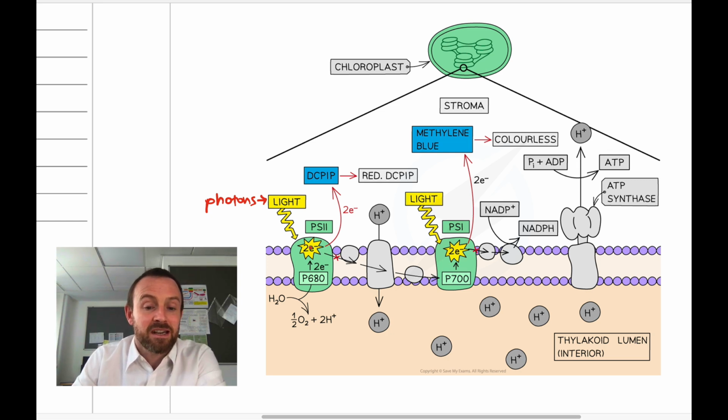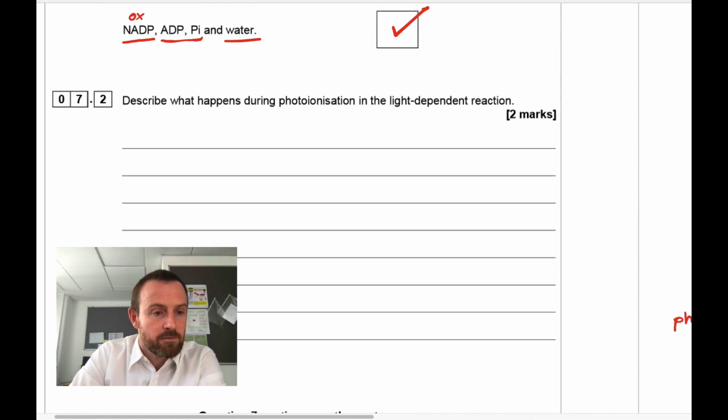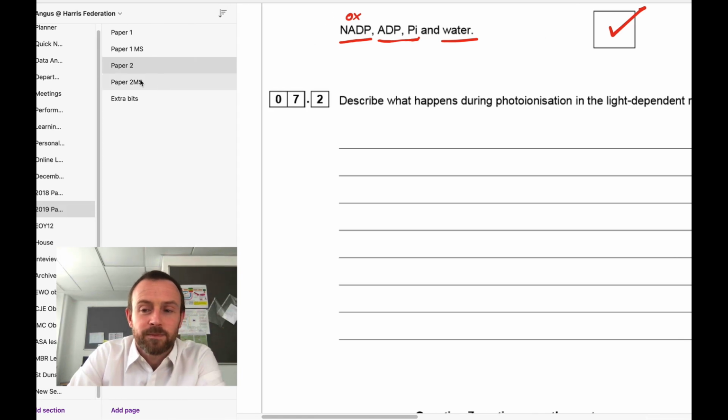When they are excited enough, they leave the chlorophyll molecule and are passed on to the electron transport chain. This picture shows that electrons can also be passed to DCPIP if you're investigating this process, but if not, they would just be passed down the electron transport chain, going this way, to the next photosystem. Okay, so that's photoionization. Let's check the mark scheme for the exact language that you need.